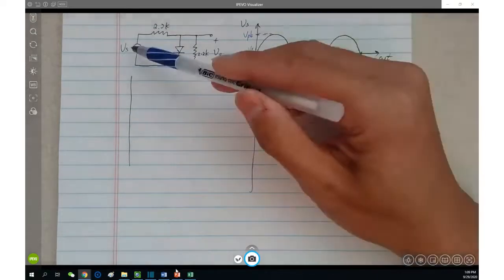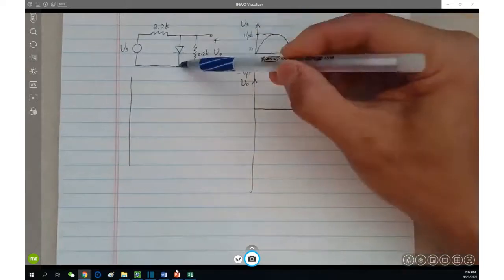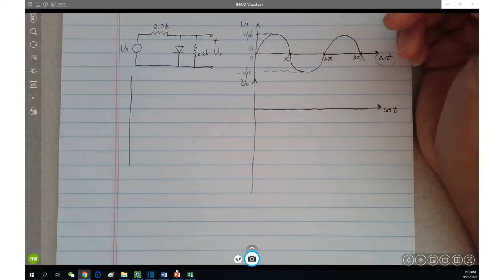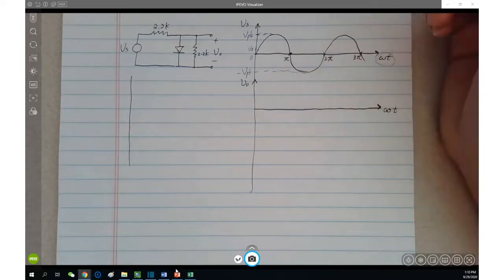So when Vs equals V gamma, what is the voltage across the diode then? No, the diode is not on yet, remember. We're trying to turn on the diode from off.